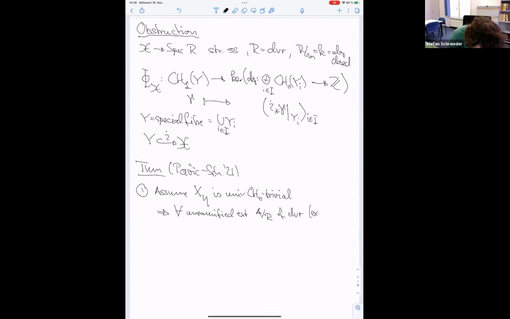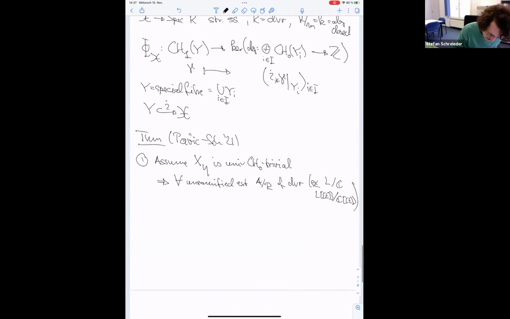So for example, take an extension of C and look at this extension. That's a typical unramified extension of DVRs.